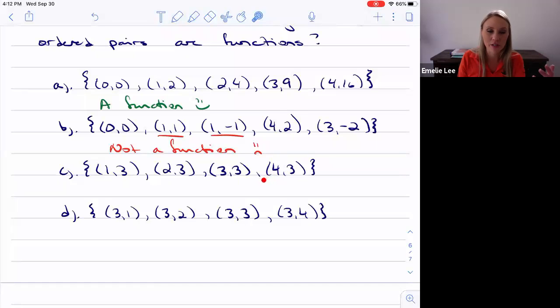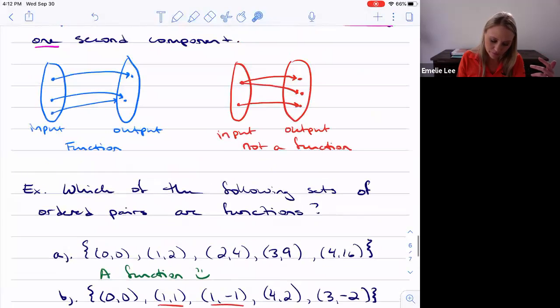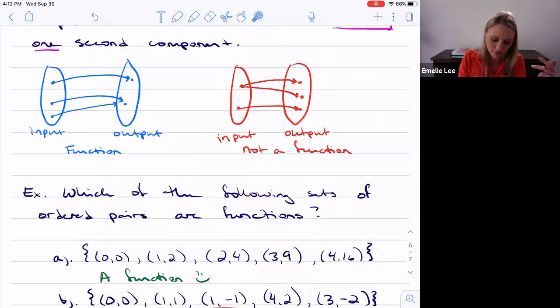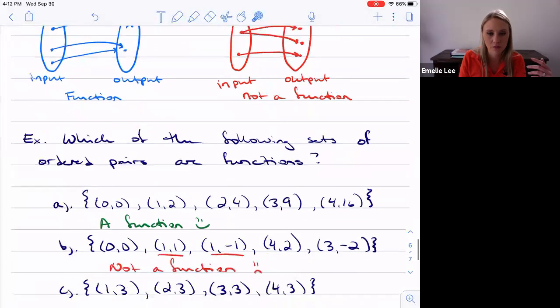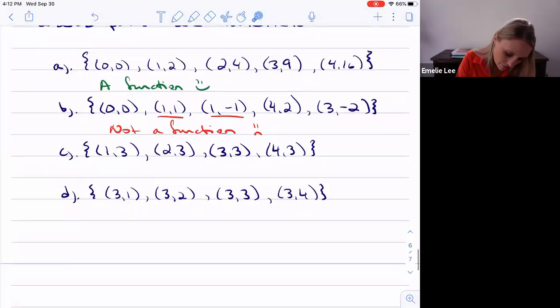So this is still a function, right, we're allowed to have different inputs go to the same output, right? We just can't have the same input yield different outputs, right? So that's the distinct difference between function and not a function. So this is a function.